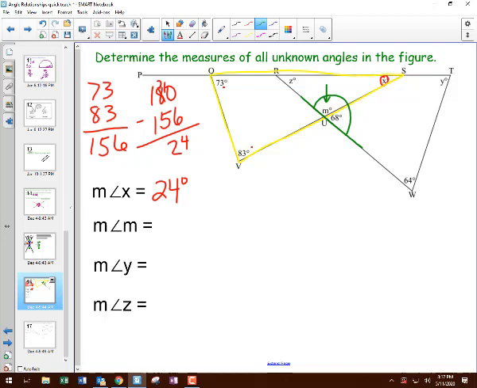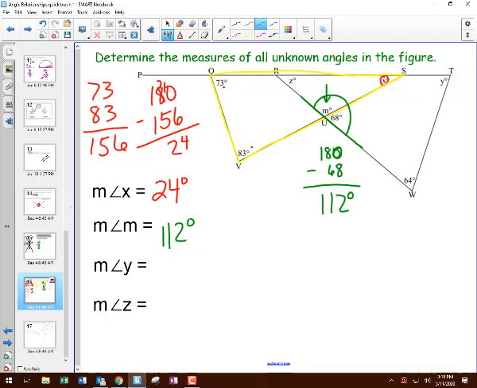What do we know about straight angles? What do we know about half circles? Well, m plus 68 should equal 180. So what I'm going to do here is go 180 minus 68, the angle I know. That should give me 112. So there I found m to be 112.